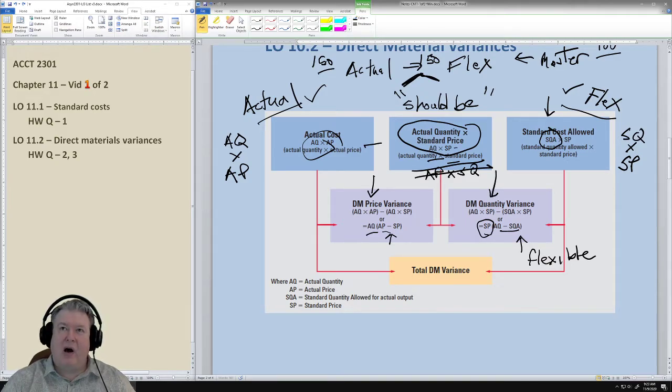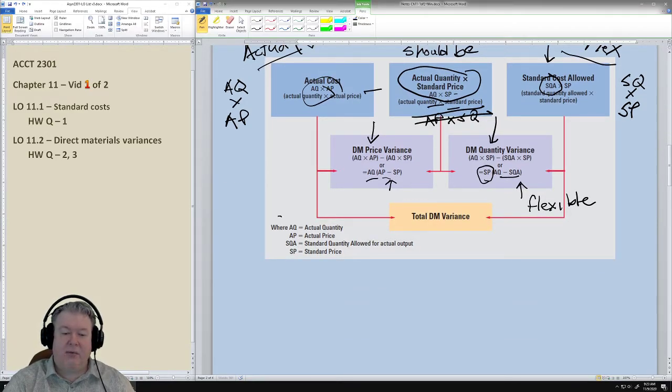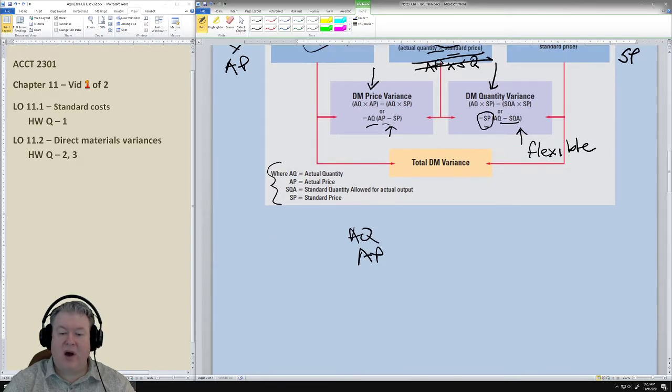This equation is not very hard: actual quantity, actual price, standard price. You just subtract these two and multiply it by AQ. The problem is, you can see that there are 4 items: actual quantity, actual price, standard quantity, and standard price.